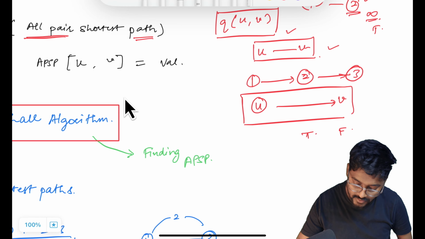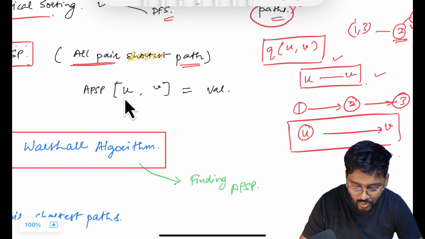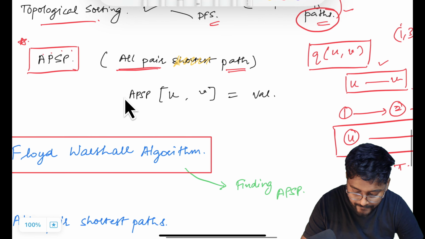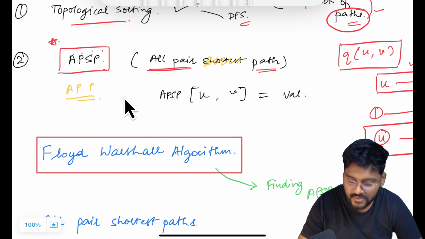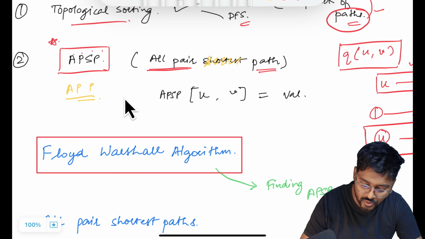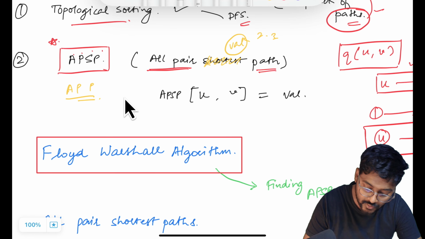So what about the shortest? Ignore the shortest. We are not bothered about the shortest. All pair path is just a subset of this problem. Shortest is not required. Shortest means the value of the path, whether the path is of size 2 or size 3. What we require is just whether there is a path or not.